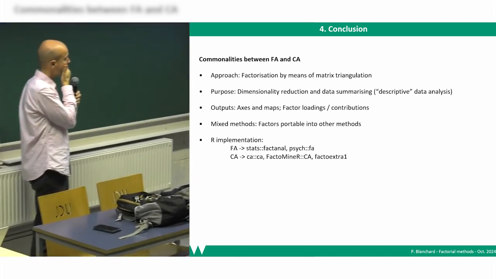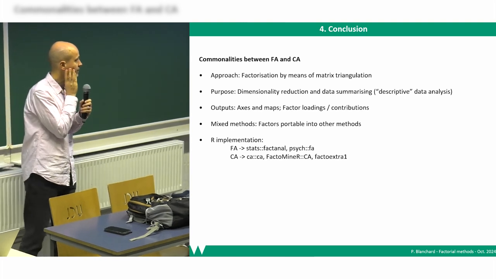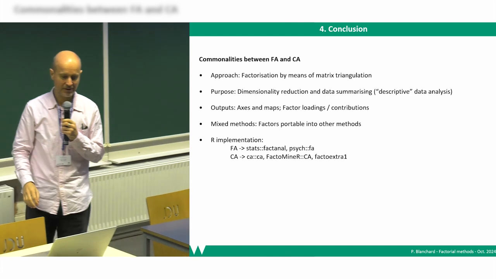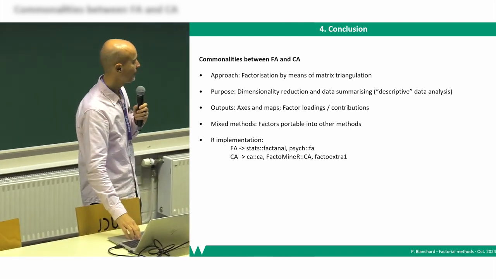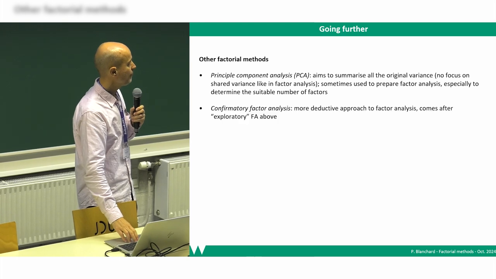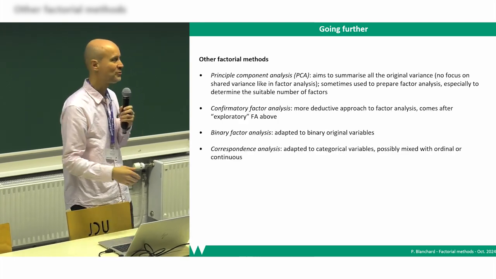And factors are portable into other methods. I'm an R person, so you have a few packages here that can be interesting to play with. And there are other factorial methods that you may have used, and then you were wondering what those two would bring on top.